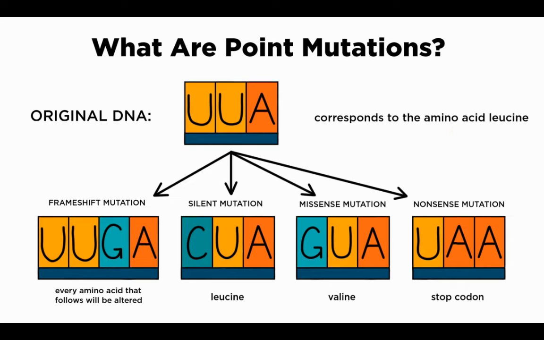Okay? So the first one is what we call a frame shift mutation. Given here that you have your original DNA, UUA, it's supposed to call for leucine. So what happened is na-alter yung inyong sequence, nakadelete ka ng base pairs, so naiba tuloy yung sequence mo.